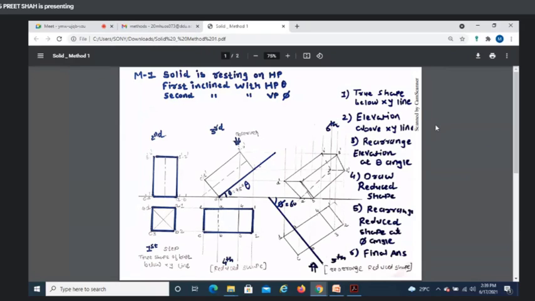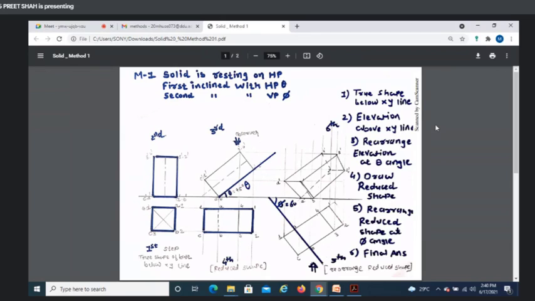You will not change the order. Whatever the order in the fourth step, the same order will remain in the fifth step. Sometimes students change the order, and if you change the order, your answer may change. Clear? Okay, so just note this down in your sketchbook.